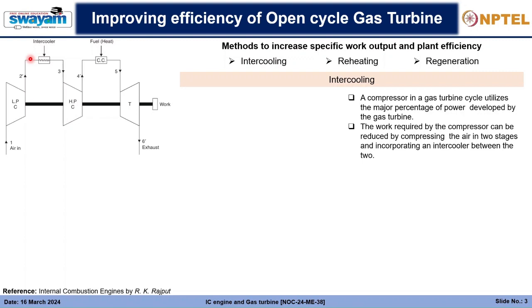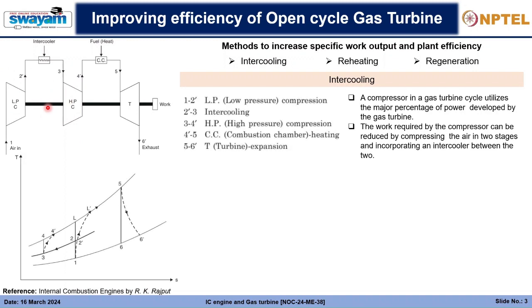Finally that air is an inlet to the higher pressure compressor, and it will further raise the pressure to the actual pressure that we want. And in doing so, the work required by the compressor will be a little bit less, and we will see how. So basically this is the TS diagram of the intercooling stage.